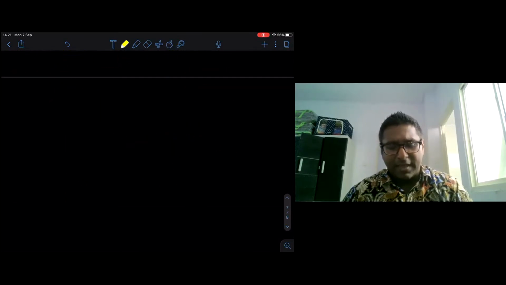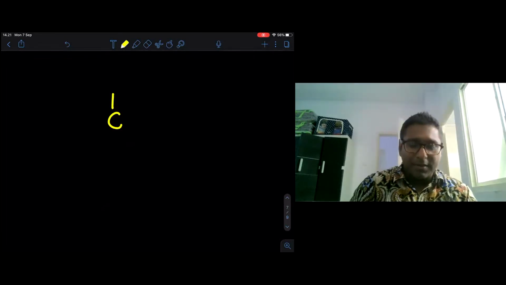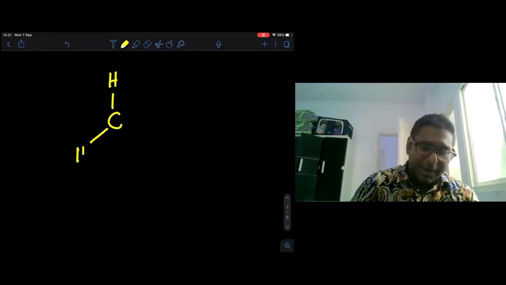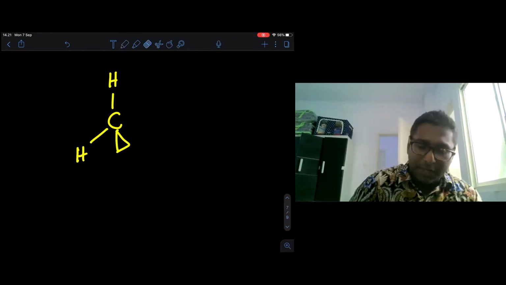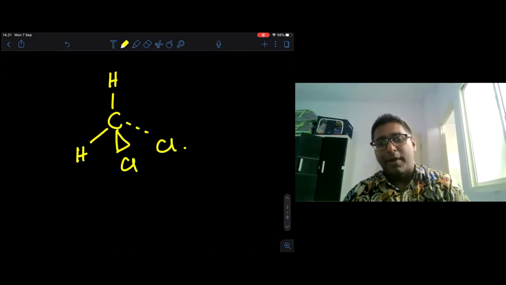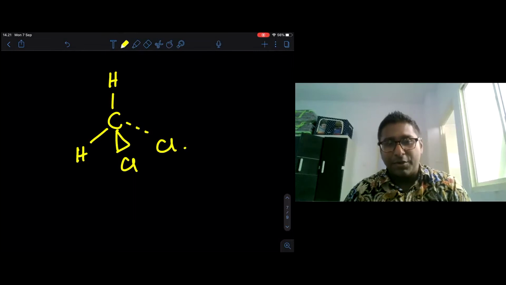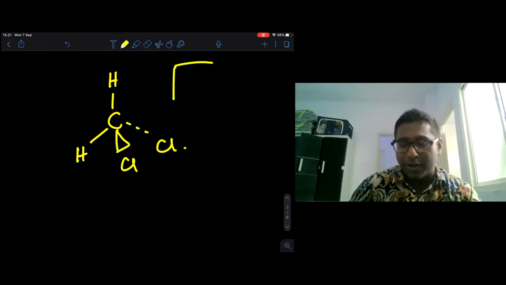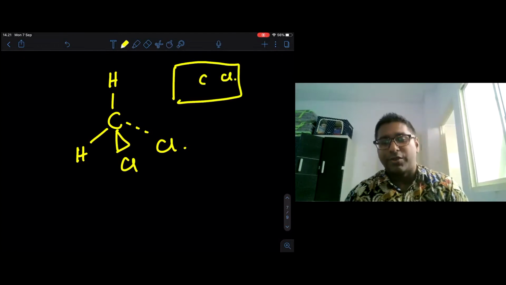What happens if you have a symmetrical molecule, but with different atoms? That is also different. If you have different atoms like this, it is a symmetrical molecule, but compared to carbon and chlorine, chlorine is of course more electronegative.